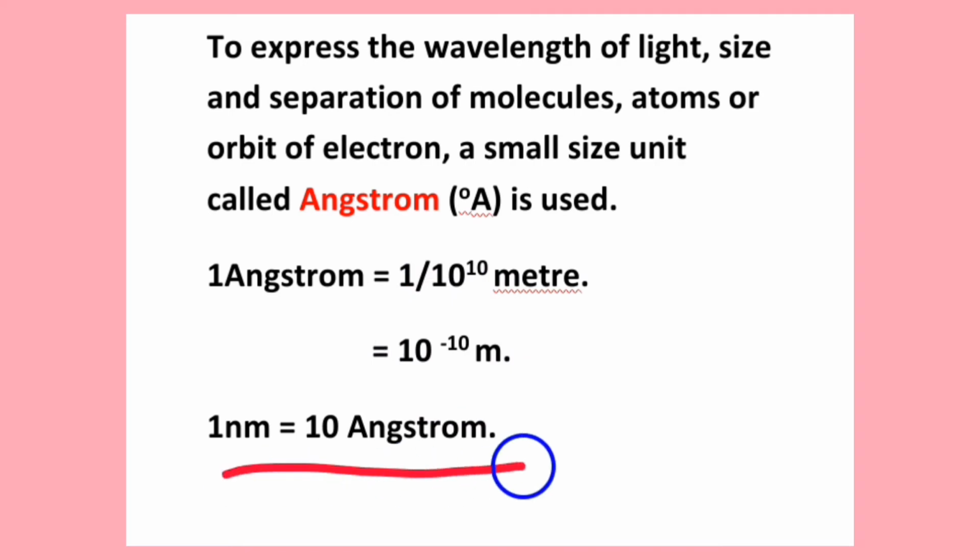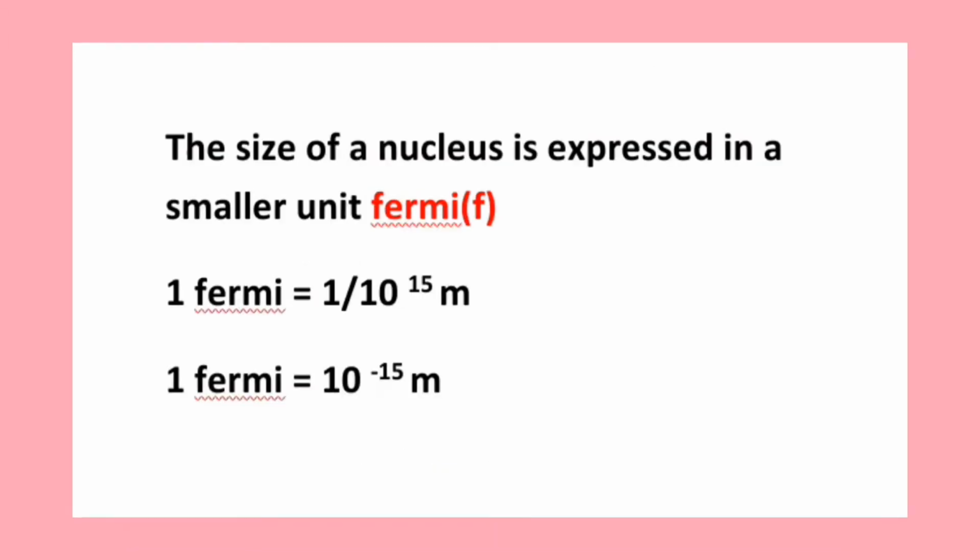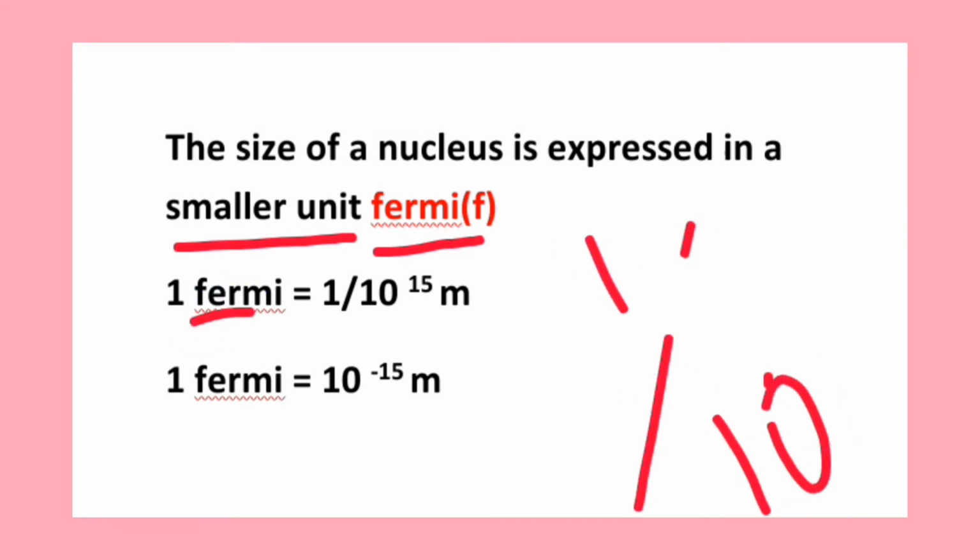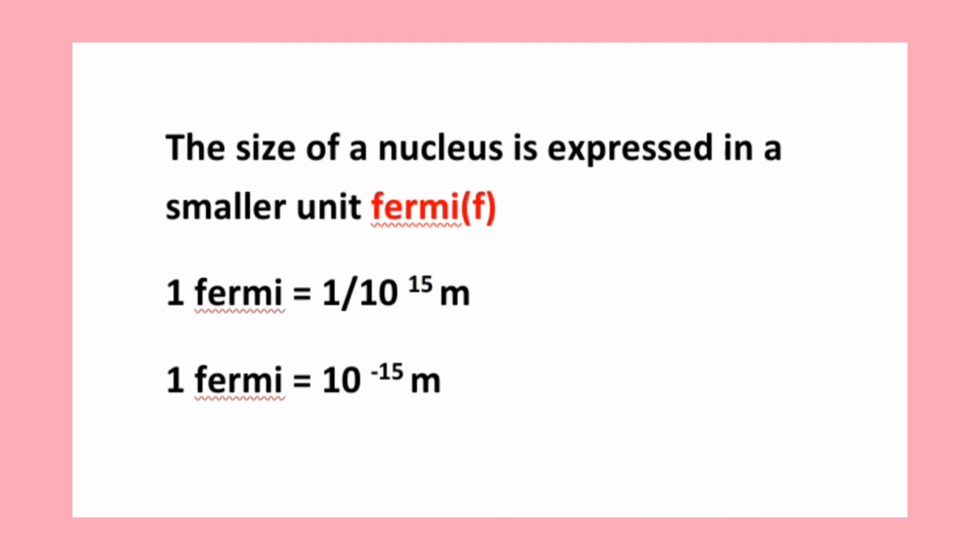It can be compared to nanometer also: 1 nanometer is equal to 10 angstrom. As we look into further smaller units, the size of nucleus is expressed in a smaller unit called Fermi, F. 1 Fermi is equal to 1 by 10^15 meter, or you can write like this, 10^-15 meter is the value of 1 Fermi.